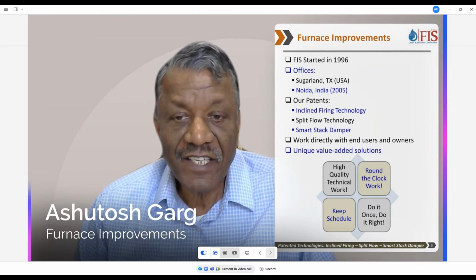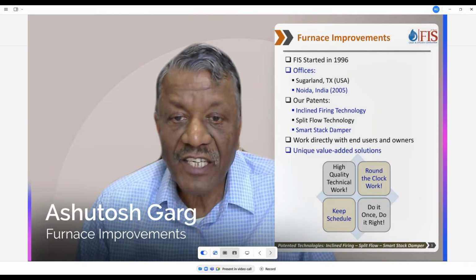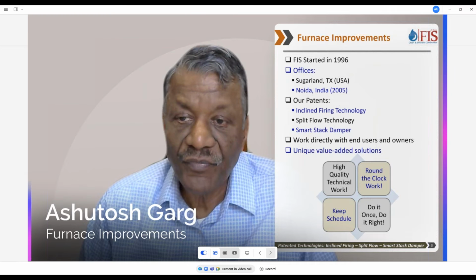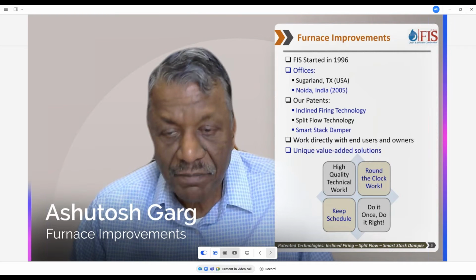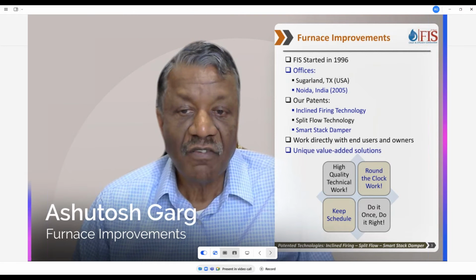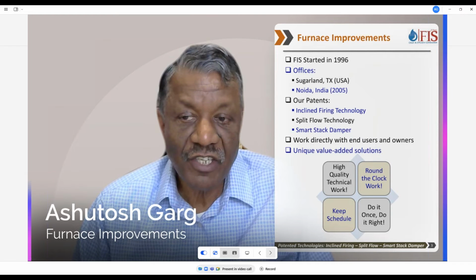And second is we have a contrarian approach. We have always been challenging conventional wisdom, and we have been pretty successful. We have 4 patents. They all came out when we challenged the conventional way of doing things.